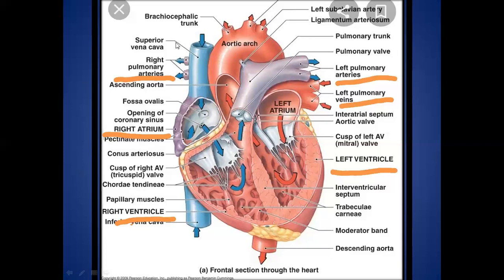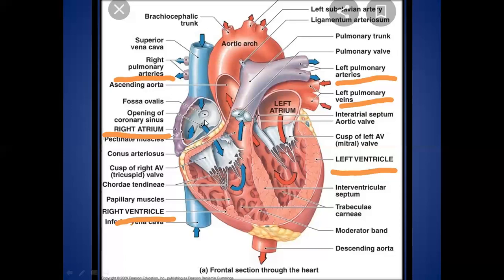This poor blood enters the heart, and in which chamber does it enter? The right atrium. You can see the poor blood or deoxygenated blood enters the heart in which atrium? In the right atrium. Then when the atrium contracts, what happens?